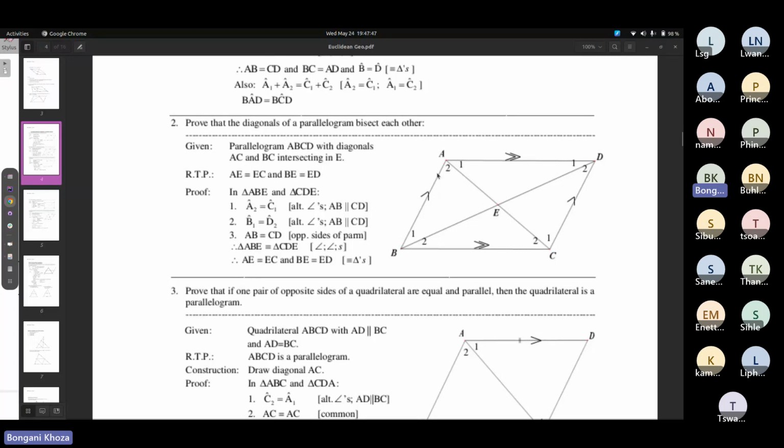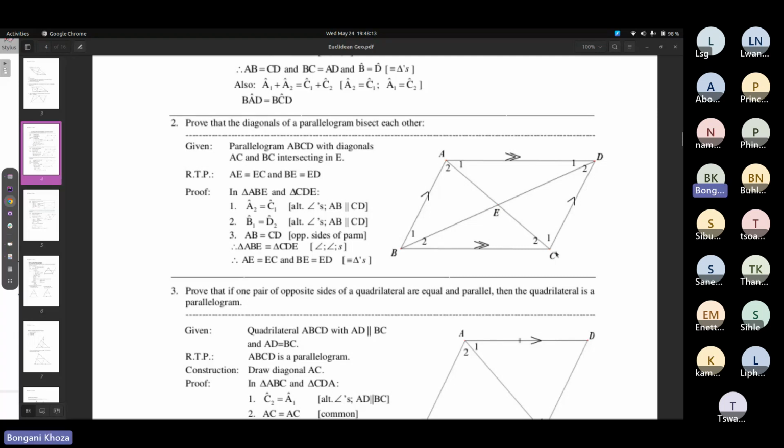So like I said, if you're dealing with proving sides, you have to go to congruency. So in triangle ABE, this triangle over here, and triangle CDE, this triangle over here, you can say A2 is equal to C1. Those are alternating angles.